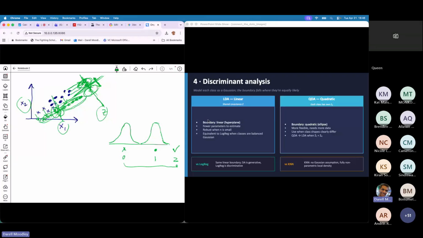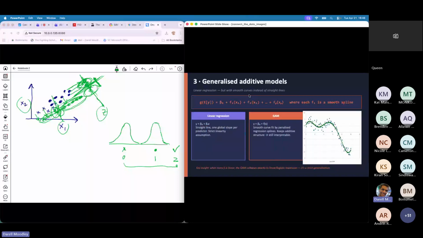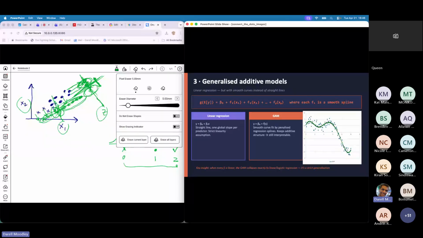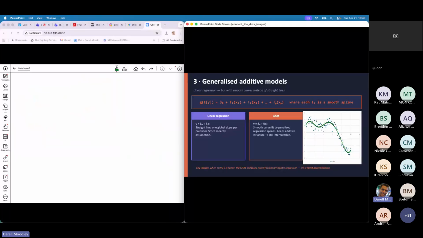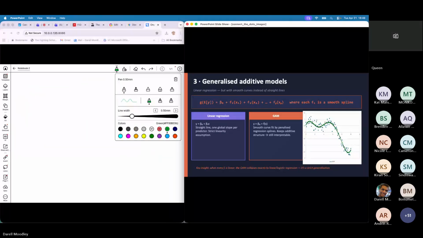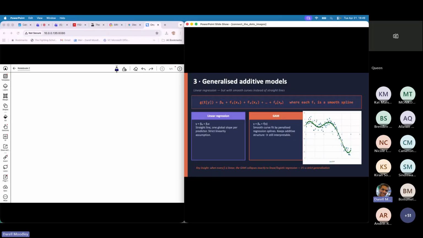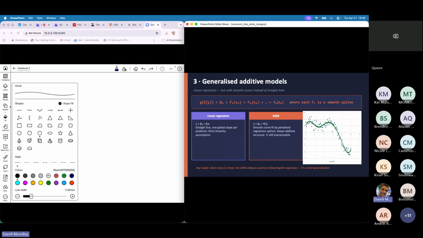All right, let's go back to GAMS. The first model that we spoke of at the beginning of this session was linear regression. Let me give you a real world example to put things in perspective. Let's say we were looking at the time of the day.